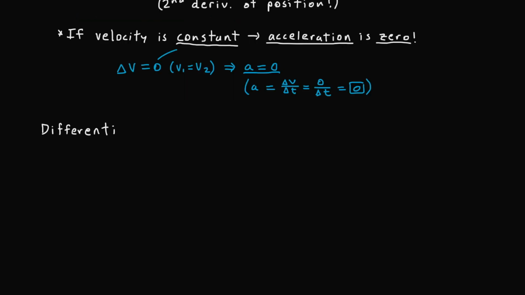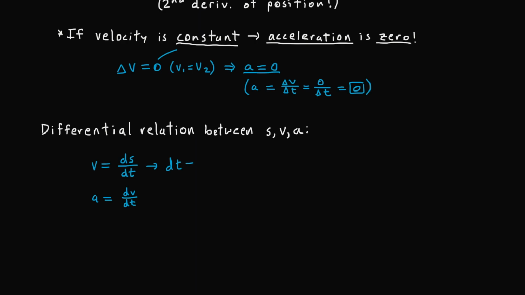Next, we want to take a look at the differential relation between position s, velocity v, and acceleration a. So we have found that velocity is equal to ds by dt, the derivative of position s over time, and acceleration is equal to dv by dt, the derivative of velocity over time. And now if we rearrange the velocity equation, isolating dt, we have dt equals ds by v.